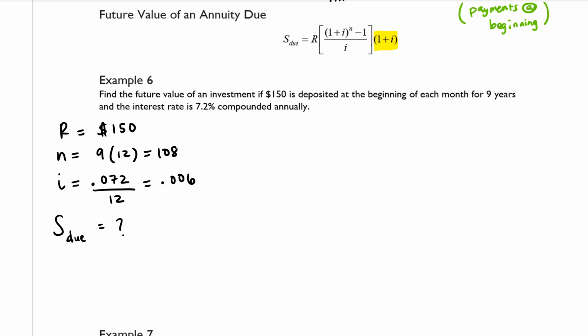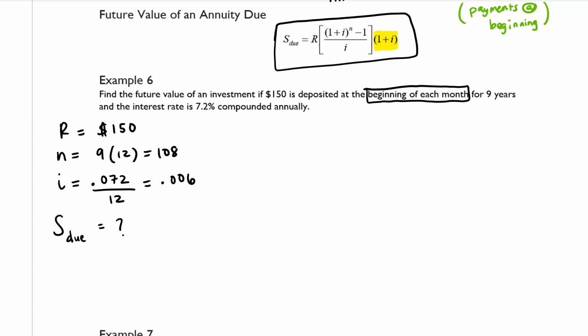Now, very importantly, we want to establish that this is an annuity due because we are making the payments at the beginning of each month. So that's how I will know to use this formula here versus the other one.